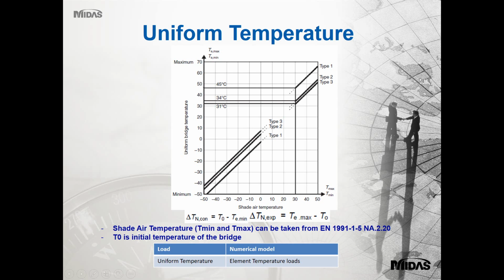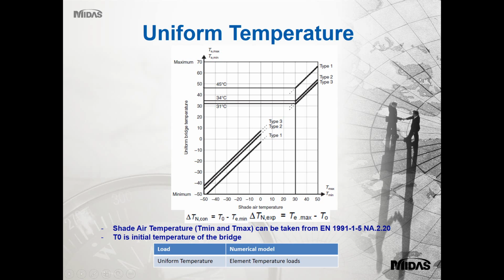Based on type 2, type 3, the x-axis is the shade air temperature. We just locate on the graph for different types of bridge and calculate the uniform bridge temperature, and that uniform bridge temperature is then applied on the structure.